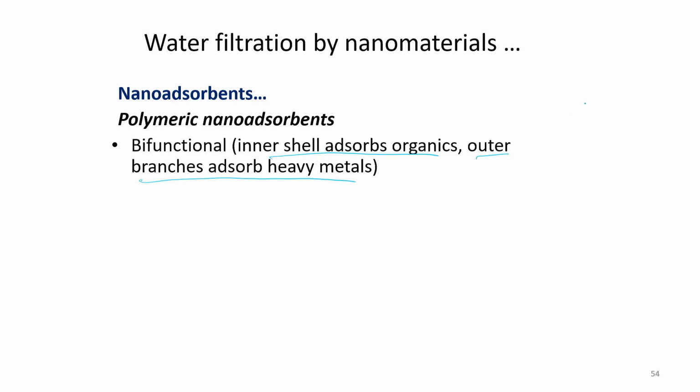Suppose there is a nano adsorbent, there is a cell. The inner shell will adsorb the organic material and the heavy metals will be adsorbed by the outer shell. In this way we can use the polymeric nano adsorbent as bifunctional. It is reusable.